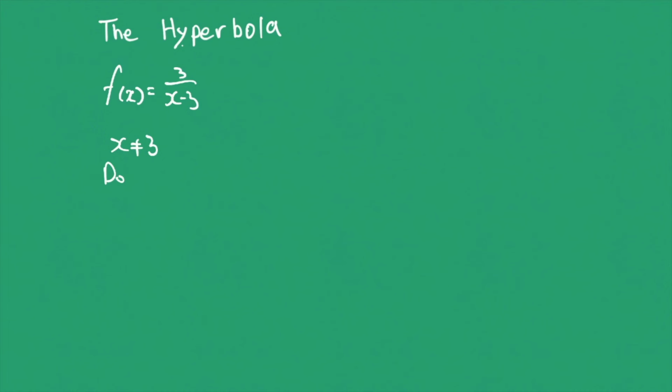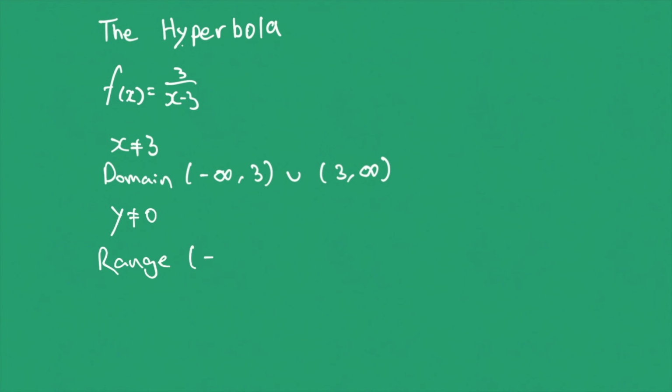So the domain of this function would be (-infinity, 3) and (3, infinity). And y can't be 0 either, so the range would turn out to be (-infinity, 0) and (0, infinity).